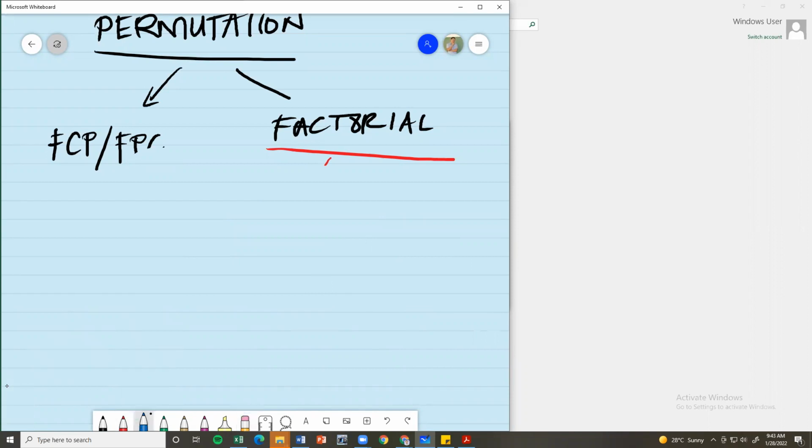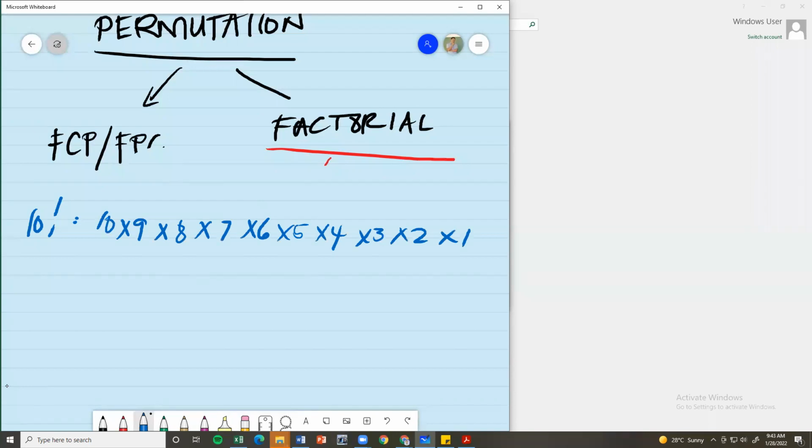What about 10 factorial? What's the answer? Press your calculator. This is as simple as 10 times 9 times 8 times 7 times 6 times 5 times 4 times 3 times 2 times 1. What's the answer? Type your answer in the chat box, please.